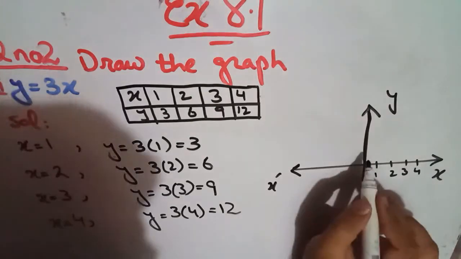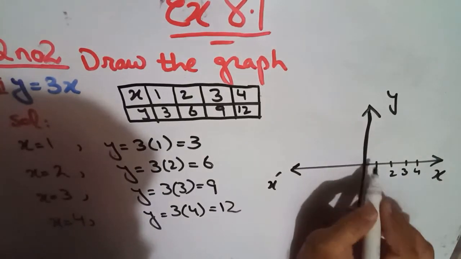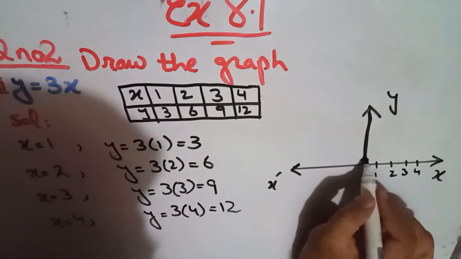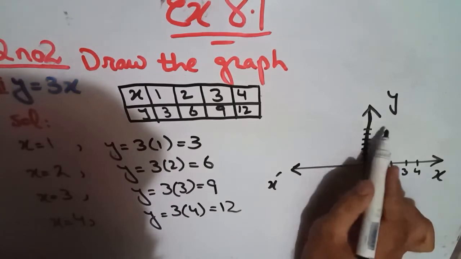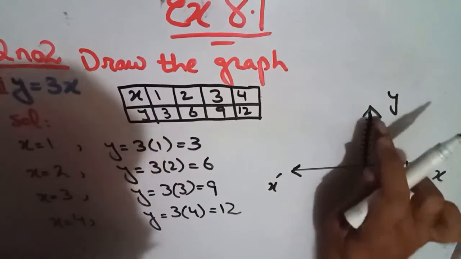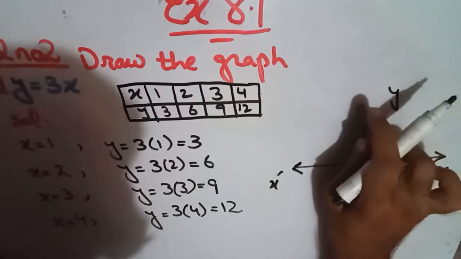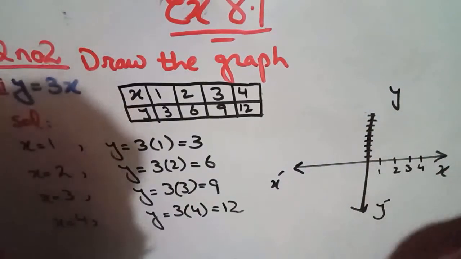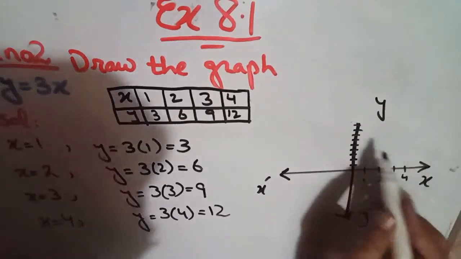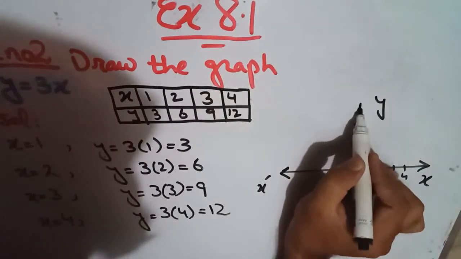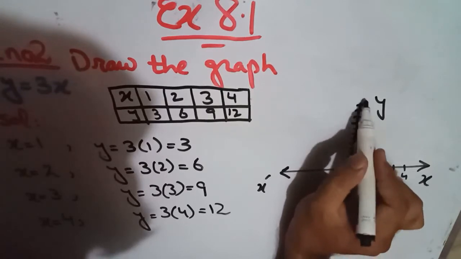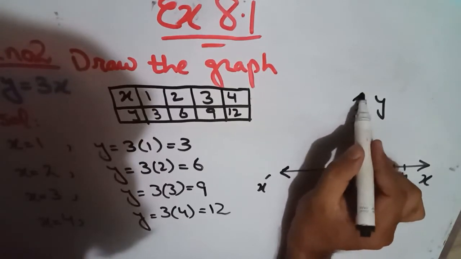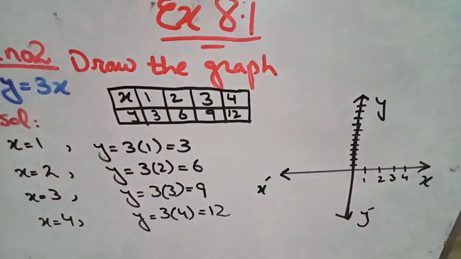So you can draw 1, 2, 3, 4, 5, 6, 7, 8, 9. I am just extending the line because we have to complete the 12 values. 9, 10, 11, 12. So there you have the arrow.